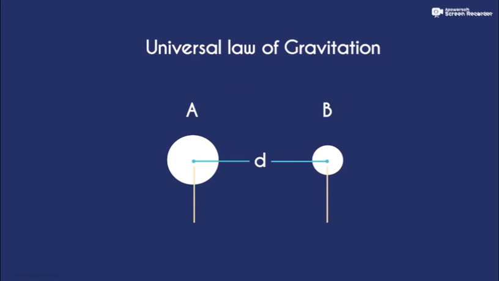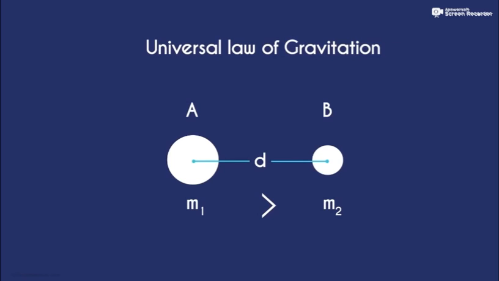The distance between centers is considered to be the distance between two objects and not this distance. Assume that the mass of A is m1 and that of object B is m2. Here object A is bigger. Let's assume that m1 is bigger than m2.